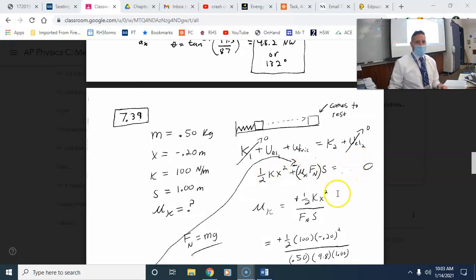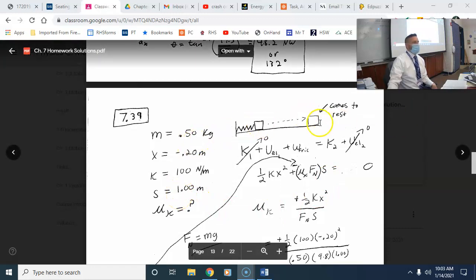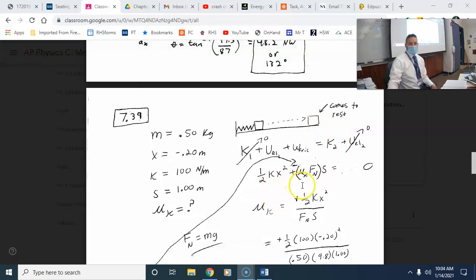I have this whole expression on the left equal to 0, right? So at that point, I'll plug in the expression for work due to friction, the force of friction times the displacement. The displacement was given. It goes 1 meter from here to here till it comes to rest, right? So force of friction is mu k times the normal force.